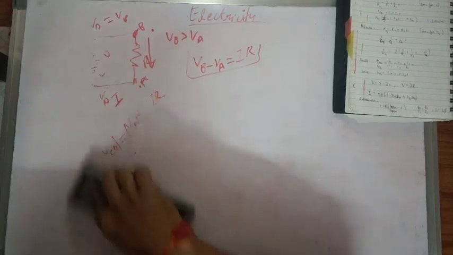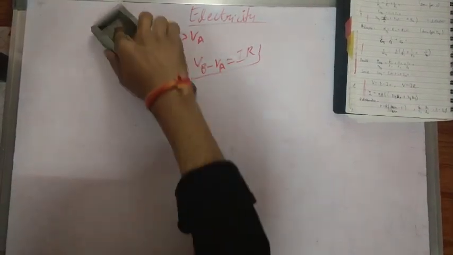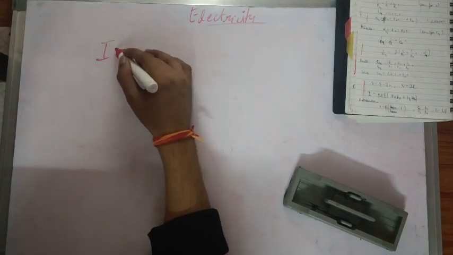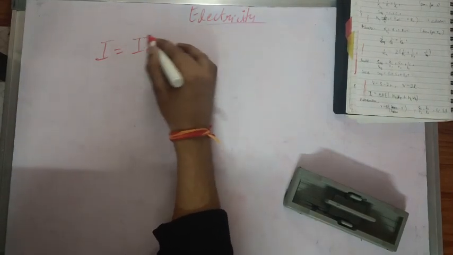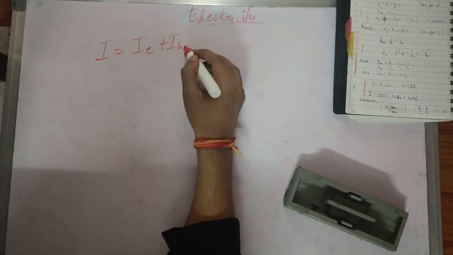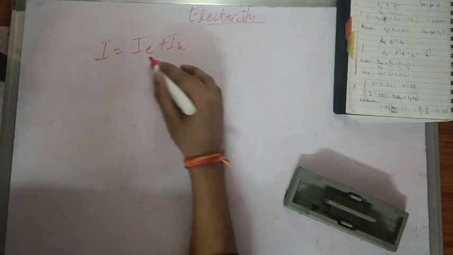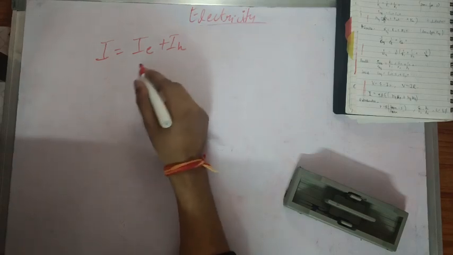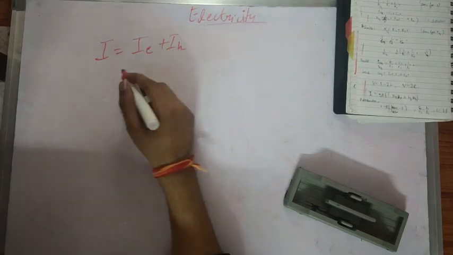Now one more thing about current is that in the case of a semiconductor, the current is due to the electrons and the holes. Holes and electrons both provide current in the semiconductor. We have to add the current of both to give the total current.